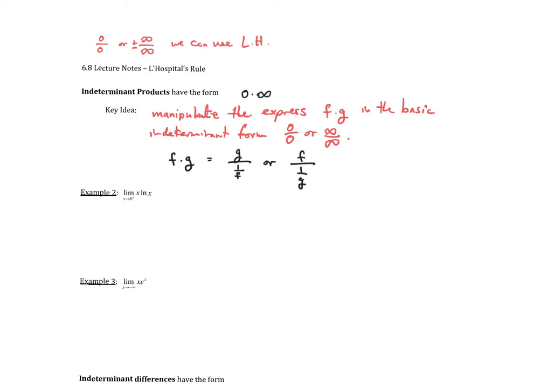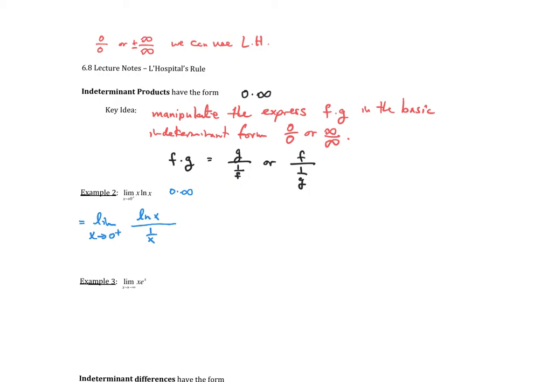This is the classic 0 times infinity situation. So we're going to rewrite this as the limit as x goes to 0 from the positive side. Why don't we leave the natural log of x in the numerator, and rewrite multiplying by x as dividing by 1 over x.